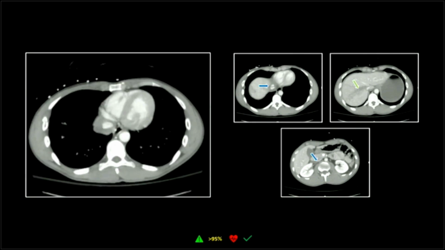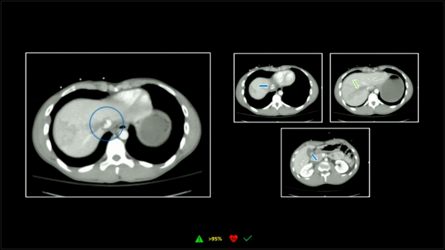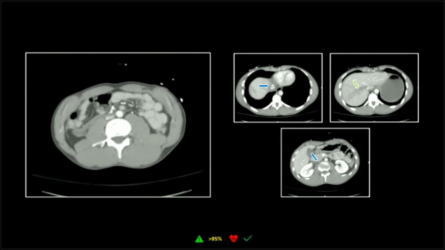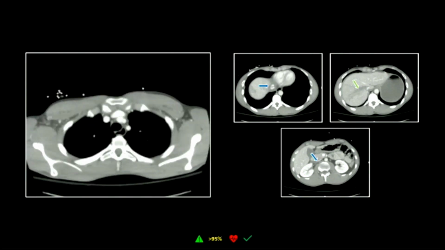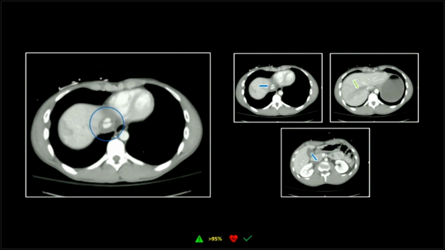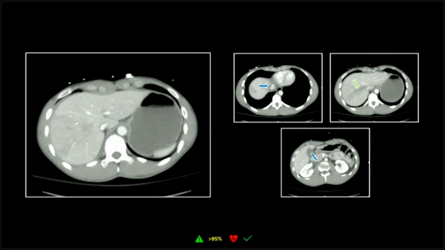So on the cine, you can really appreciate that the hepatic vein is actually avulsed right below this level, right there. You can see the left and middle hepatic veins, but you don't see the right hepatic vein. And it's interesting, you'll see on some follow-ups here, there are significant perfusion changes in the right liver lobe. You can appreciate it right there, in fact.